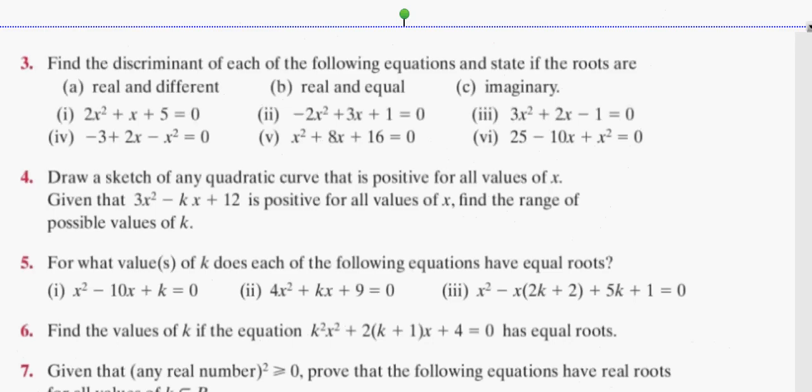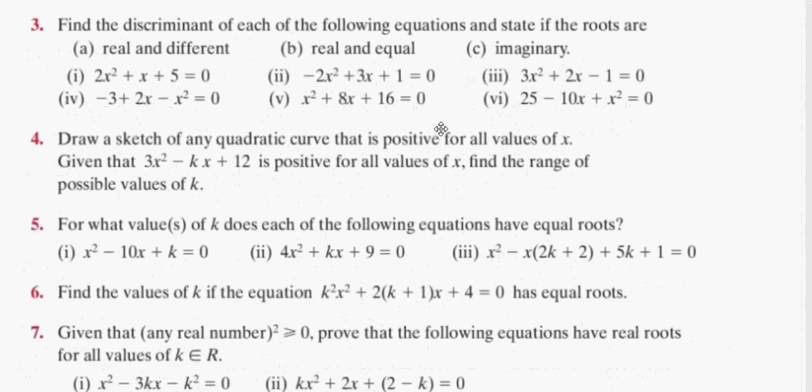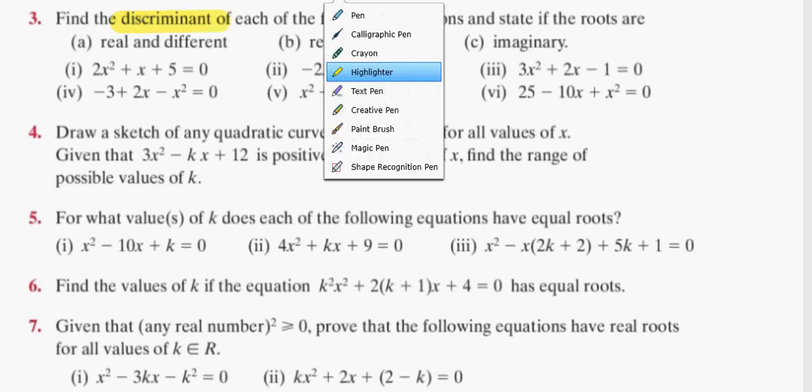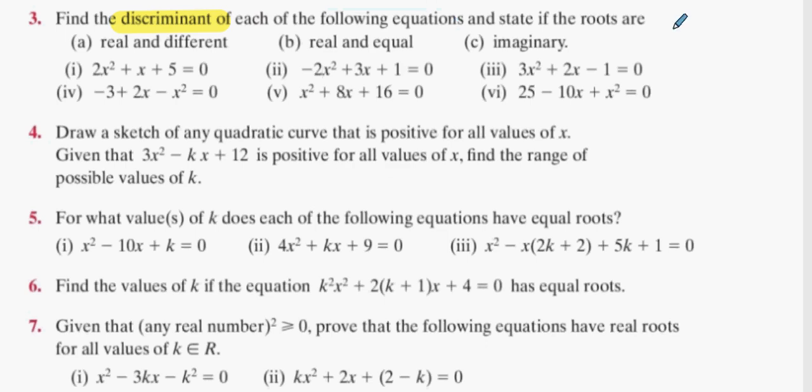Alright. Now what you guys are going to do is you're going to use the discriminant. Can anybody tell me what the discriminant is? What's the formula for the discriminant again? B squared minus 4 AC. Is that okay?